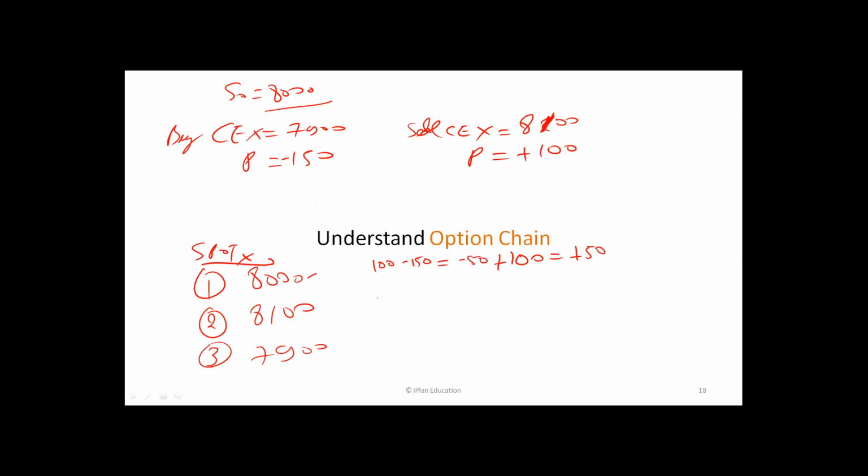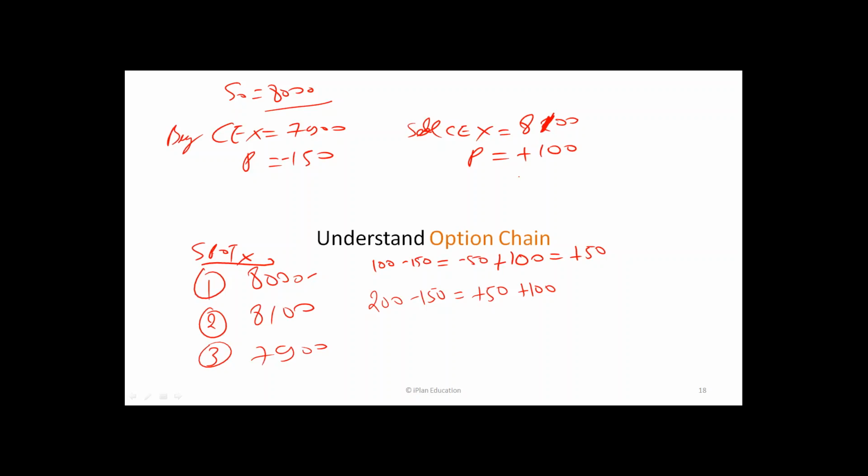In the second case, the market went to 8,100. So from the 7,900 strike price, the market went to 8,100. So I'm going to receive 200 here, and I paid 150 as a premium. It was the cost. So I have 50 in my pocket. And in call selling, the market closed at the same point. So 100 rupees will be in my pocket entirely, because if the call buyer executes, he'll get 0 as intrinsic value and 0 as time value.